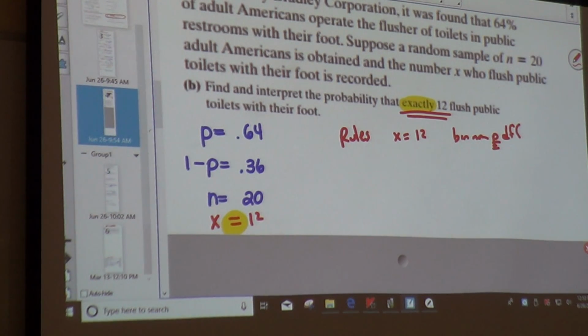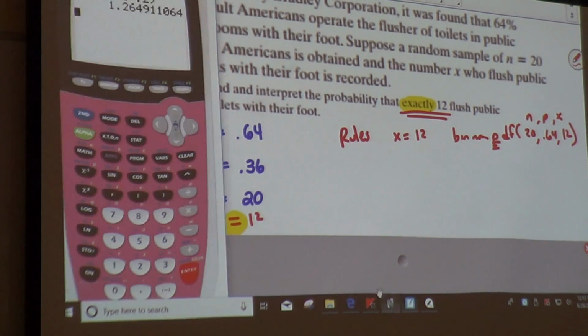And what order do they go? N, P, X, because they're in ABC order. So what is my N? 20. What is my P? 0.64. And what is my X? 12.